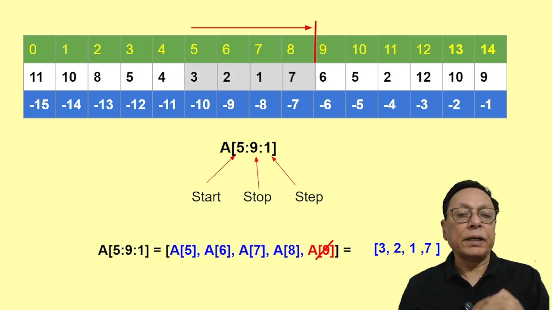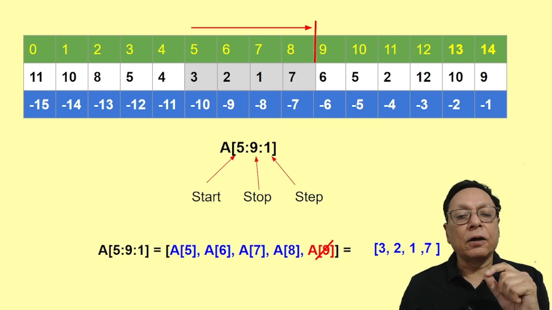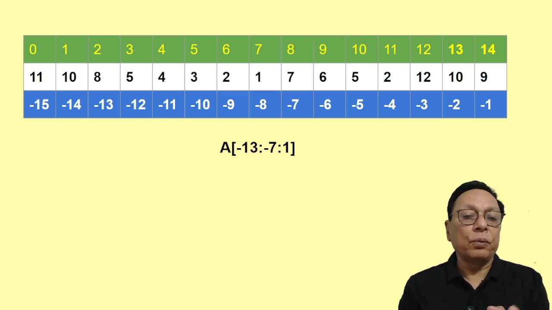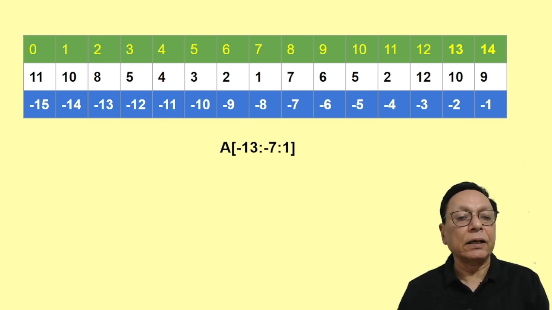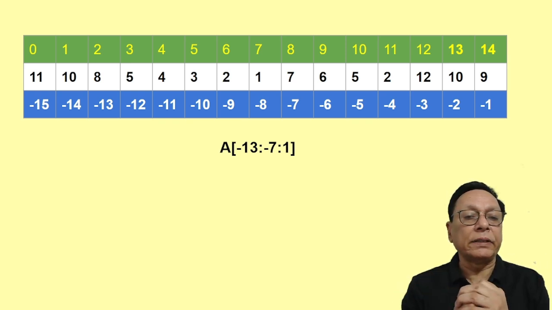So this is shaded gray. We have taken a slice from the list A. The ending index 9 is excluded here, so the slice is the numbers 3, 2, 1, 7. Next alternative option: suppose we are going to make a slice from -13 to -7. If you look at the bottom line of this grid, you will see -13, -12, -11.